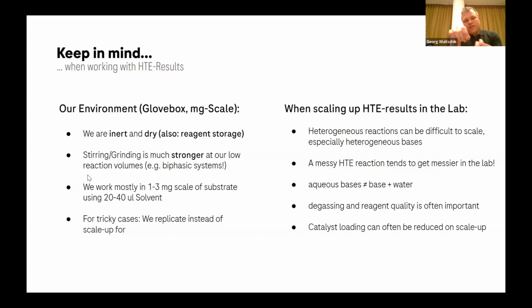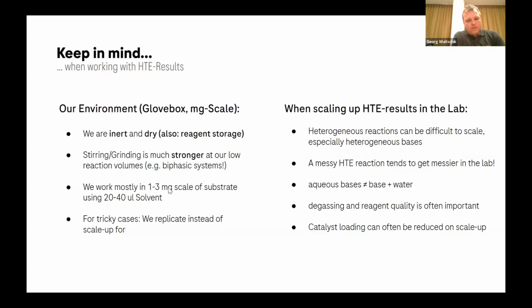When we stir on milligram scale, our stirring is as close to perfect as you can get. And also we see a lot of grinding. So when you have heterogeneous reaction conditions like cesium carbonate in toluene, where you really have not much base solubility, you have to keep that in mind because that may work on 2 milligram scale, but in the lab it may totally fail.